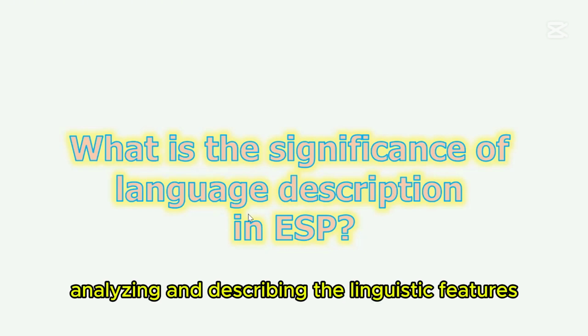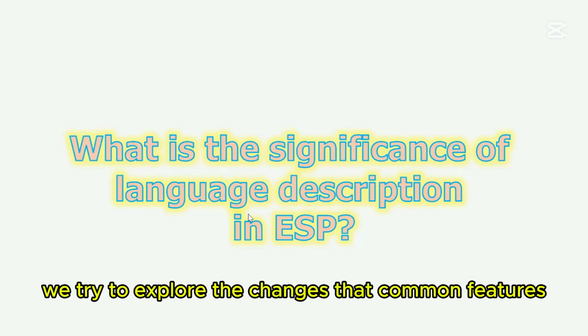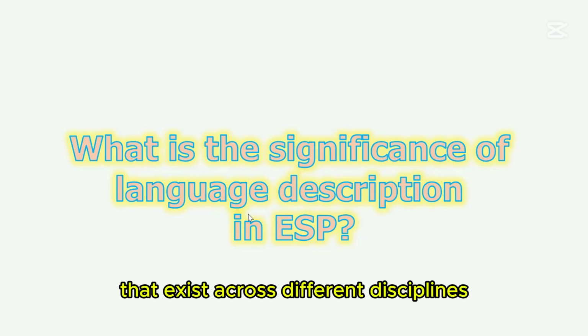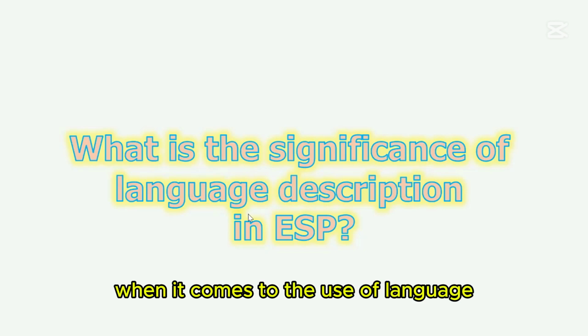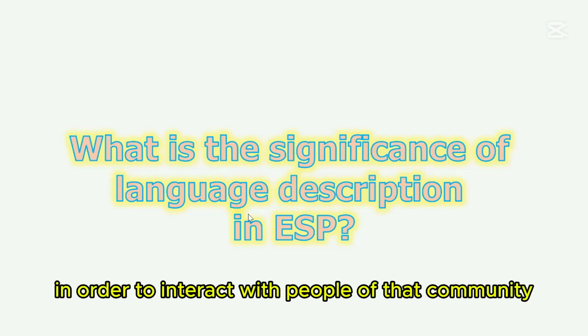And by analyzing and describing the linguistic features, we try to explore the changes, the common features, the differences that exist across different disciplines and different jobs when it comes to the use of language in order to interact with people of that community.